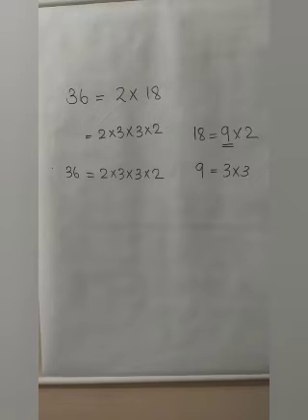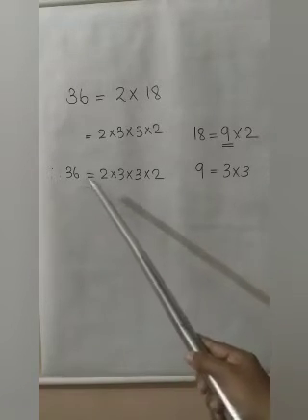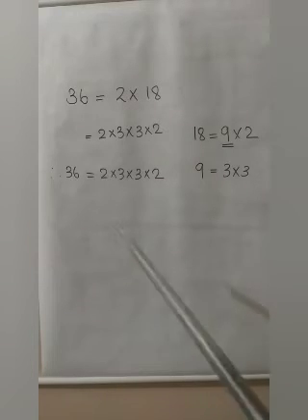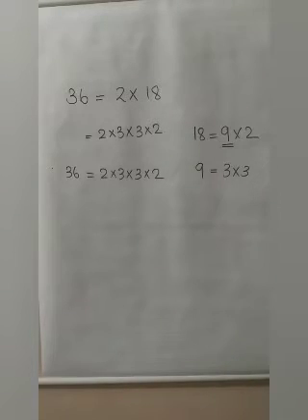That means we converted 36 into a product of prime numbers only. This is known as prime factorization: expressing a number as a product of its prime factors.